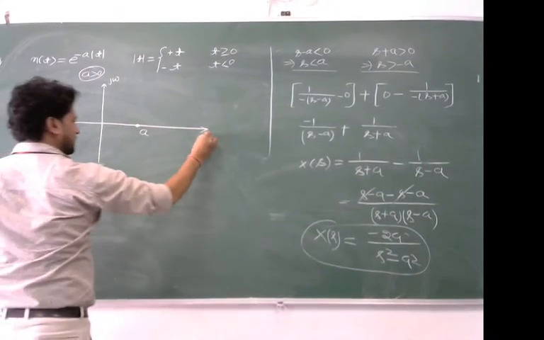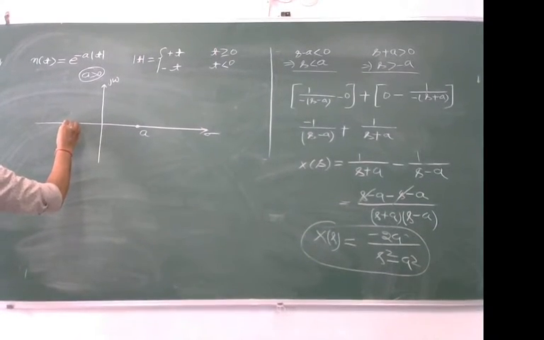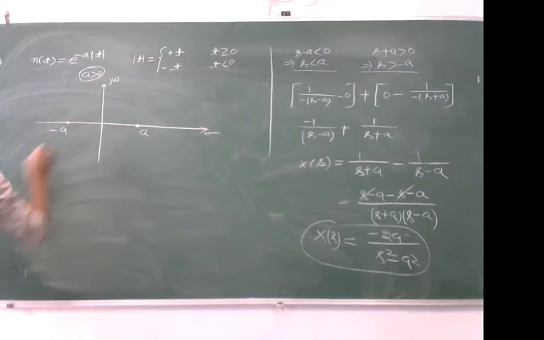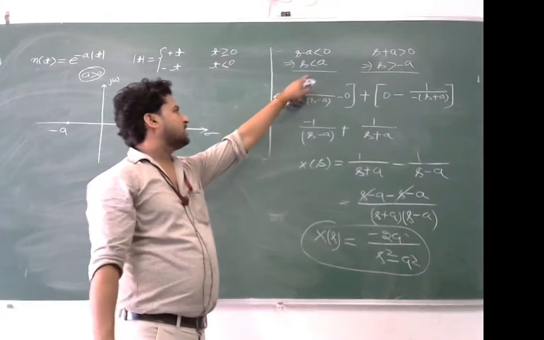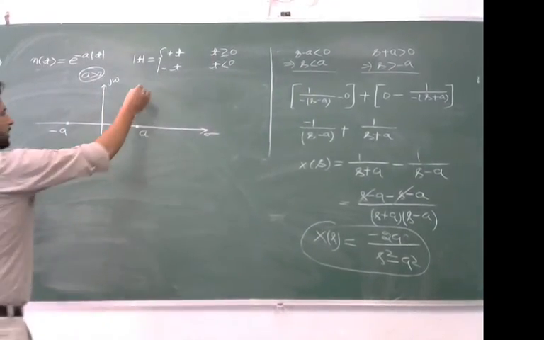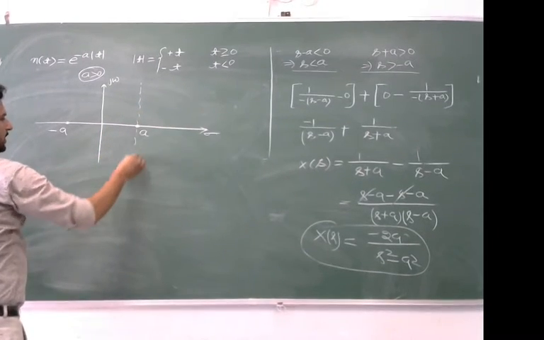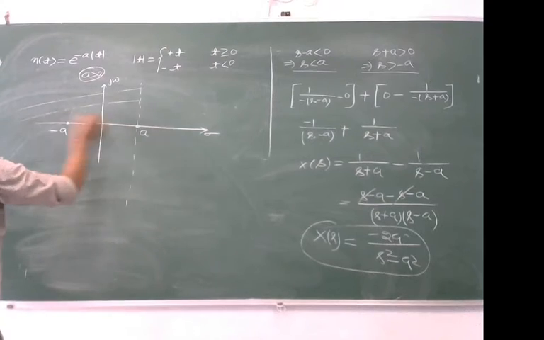Here j omega and this is sigma, and minus a will exist to the left of j omega axis. And the condition says that s should be less than a, meaning s should lie in this region.